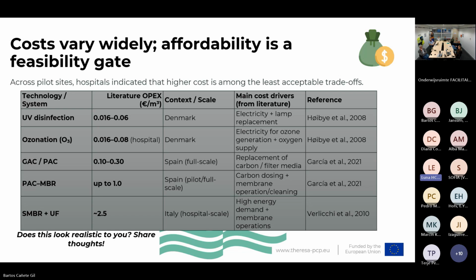Meanwhile, you can see here up to one is the powdered activated carbon and membrane bioreactor, which consumes more electricity probably, and it's a mixed type of solution, so it's not only one. And it can go up to 2.5. This was a case study in Italy of submerged membrane bioreactor and ultrafiltration. So costs go up depending on how many combinations there are or what kind of electricity demand they need. And I'm just asking if this looks realistic. You can also share your thoughts. Thanks. Next slide, please.